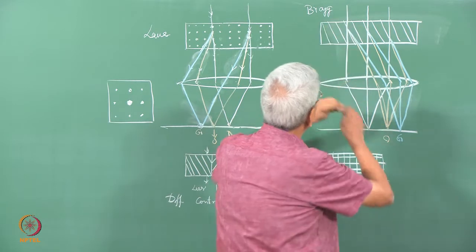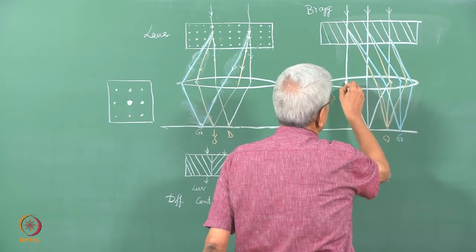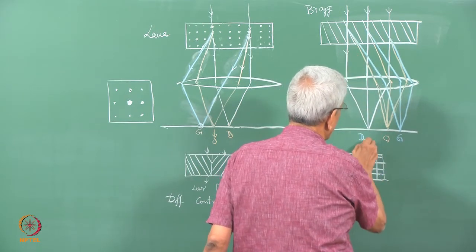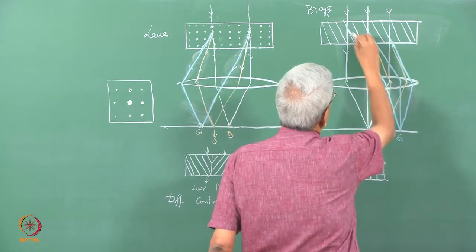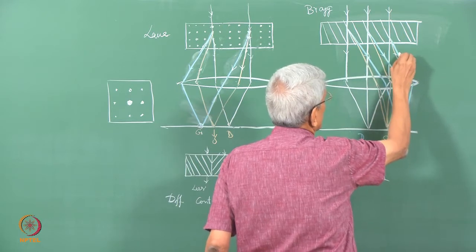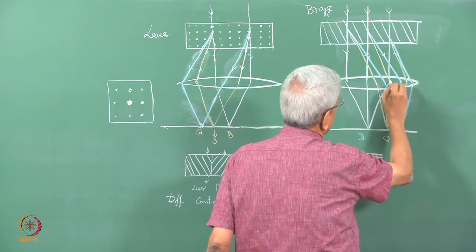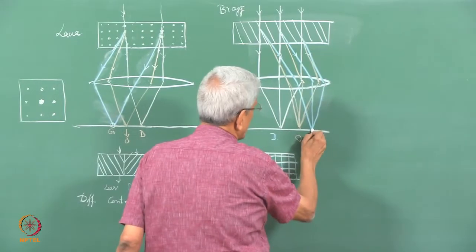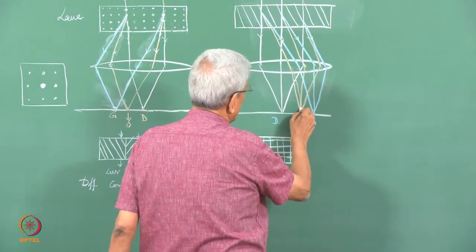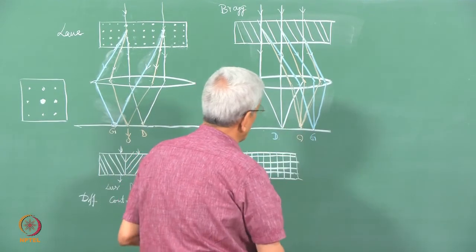When the beam enters in a specific direction, this is the transmitted beam, and these all join together to give rise to the direct spot. The blue ones are the ones for which the path difference between each of the waves scattered in this direction is lambda. So, they add together giving rise to a diffraction spot, and in between regions the waves interfere destructively, so no reflection is seen.